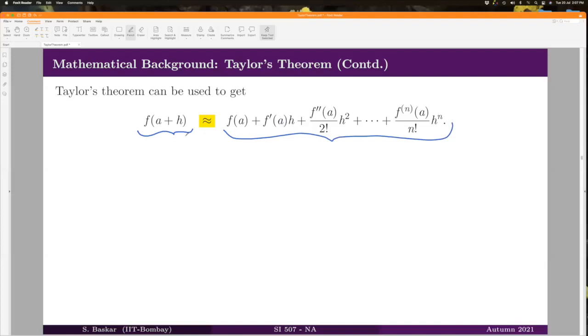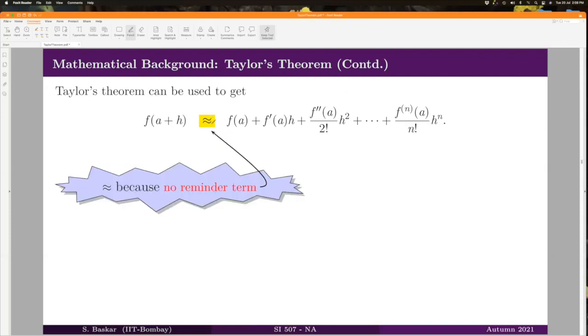This approximation will be good as long as h is very small. How small? That we don't know in general. It depends on the function, but intuitively or vaguely you can say that as long as h is very small, we believe that this value is going to be approximately equal to this value, right? At an approximation level, this is the best that we can tell.